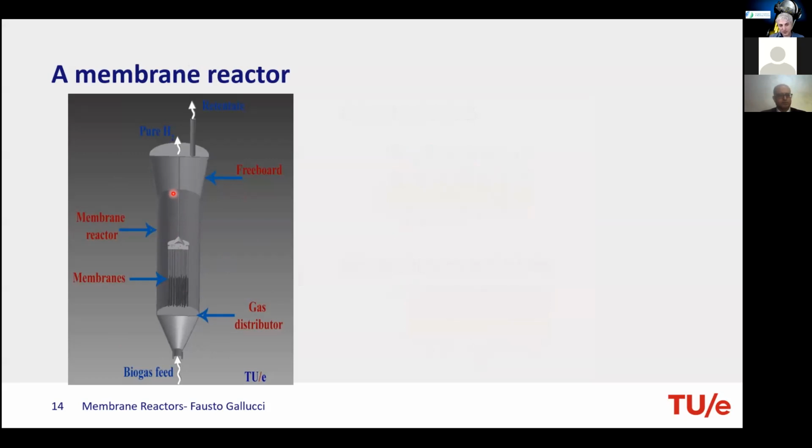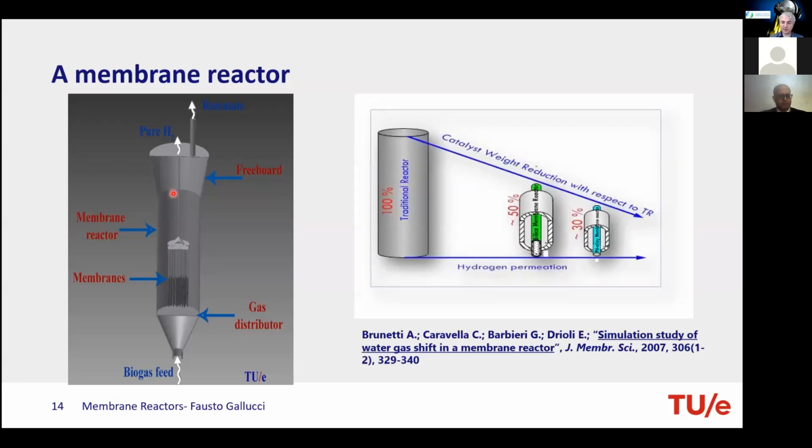Now, of course, it looks nice, right? You integrate a membrane and you integrate a separation in a reactor, but does this pay off to have a membrane reactor? Of course, there are a lot of examples, and I took the example from one of my colleagues showing that if you take, for example, water gas shift, which is a typical reaction in industry, and you take a conventional system as reference.